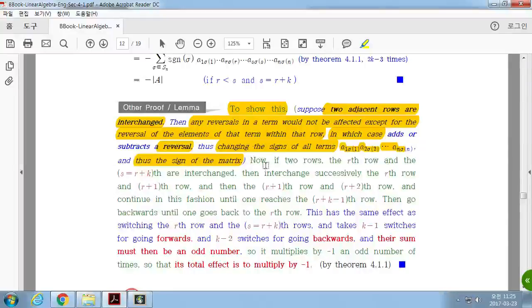With those in mind, we expand this to general two rows. Suppose we interchange the R-th row and the S-th row, where S is R plus K. Then this interchanges successively the R-th row to the R plus first row.